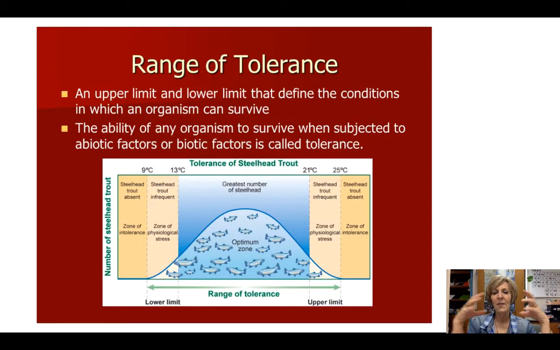And so you have a range of temperature here for these steelhead trouts, and you have a tolerance where they are in physiological stress, so they don't like it, but they can live with it, or too hot or too cold, where they're just not there because they're intolerant of that particular temperature. And then you have an optimal zone. And most organisms are going to have ranges of tolerances for different living abiotic and biotic factors that are in their environment.